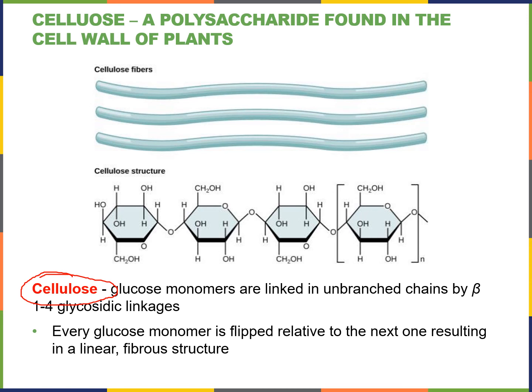Cellulose is not a means of storing sugars, storing energy. Cellulose is a form of structural support. Cellulose is what allows trees, allows plants to stand up above the ground.